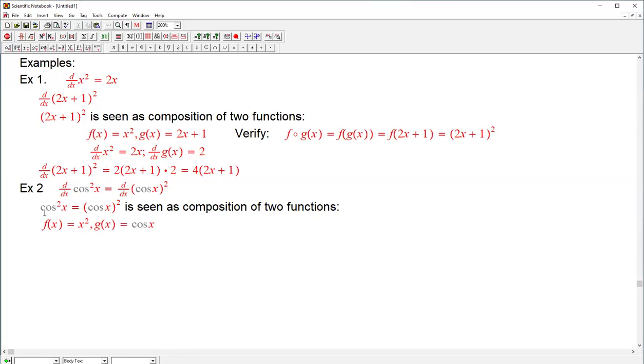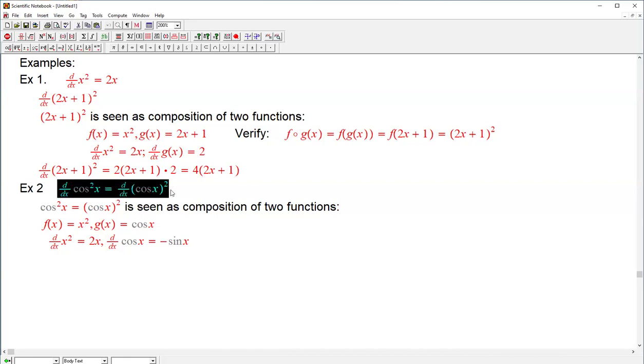So once again, we're going to differentiate f, which we have done, right? That's 2x. And we're also going to differentiate g. The derivative of g, which is cosine x, is negative sine x. Now we put things together.